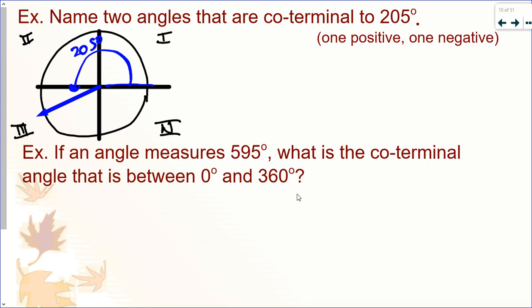So the angles that are coterminal with that, well, one way we could do it is we could rotate in the opposite direction. If I start here and rotate in the negative direction, the angle degree to get from my initial ray, which I have in red, to here would be how much?